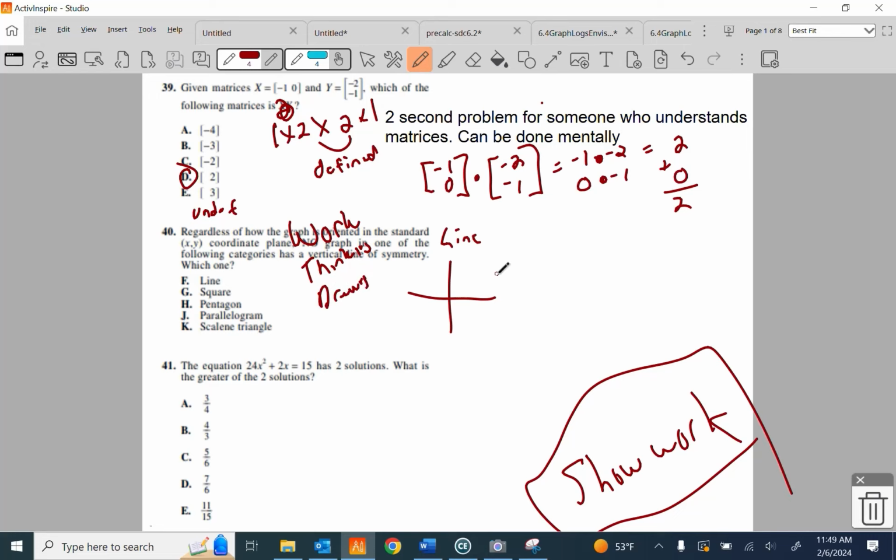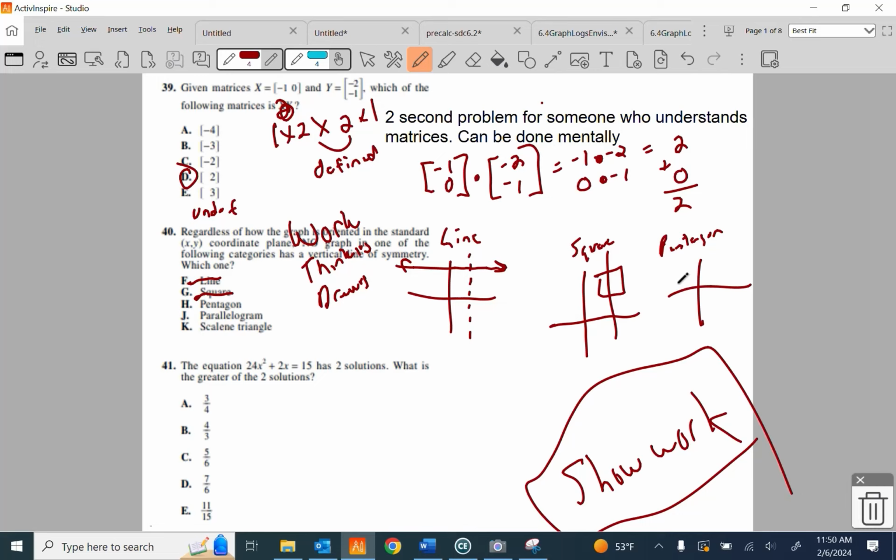A line has a vertical line of symmetry because they get cut in half. They run forever. So, square, doesn't matter where you draw it, can be cut in half. My pentagon's not going to be the best it could be.